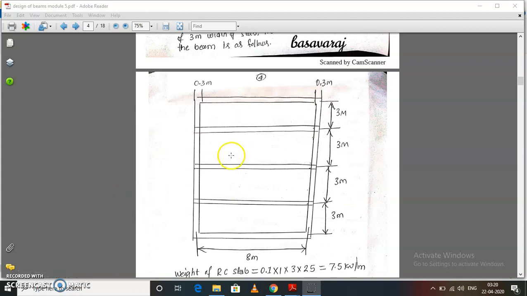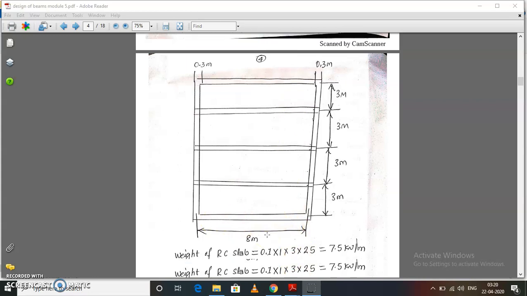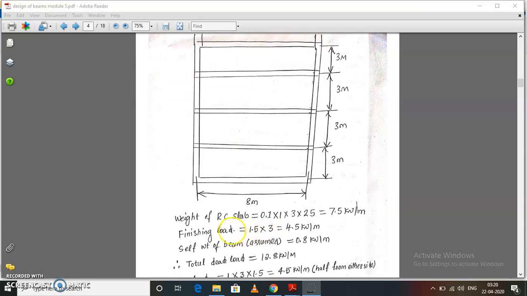The diagram details are given in the next page. So the beams are spaced at 3 meter center to center, and the clear span of the beam is 8 meter. Live loads and dead loads are given. So first calculate all the loads acting on the beam.